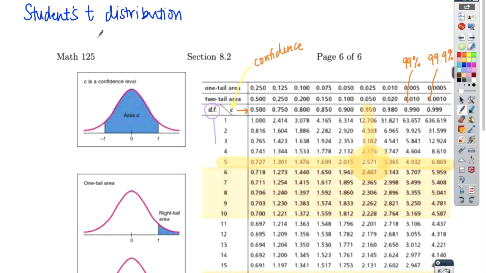And so, apparently not a very creative guy, because of all the names that he could have chosen, he chose to publish under the name Student. So it's a fake name. He came up with the student's t distribution because he had to keep it a secret that he worked for Guinness. Anyway, little gem of knowledge. I will see you in section 8.3.